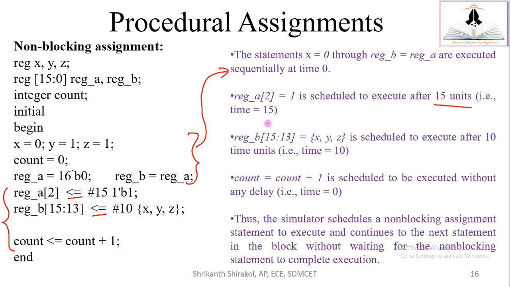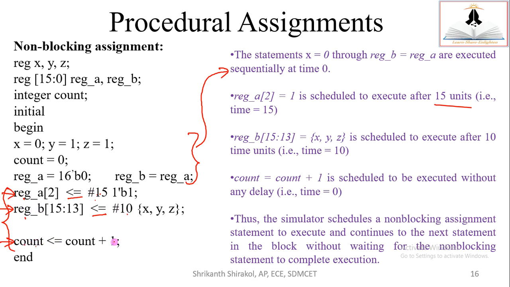Whereas all these are non-blocking statements, hence all of them start executing at 0 simulation time. You can think that all these are in a running race. This starts, this starts, this starts. But this has a delay of 15, this has a delay of 10, this has no delay. So when you start a running race between these three, which will reach first?